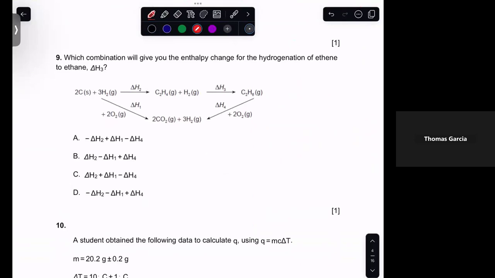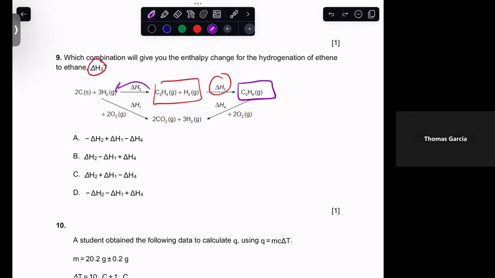All right, which combination gives you the enthalpy change for the hydrogenation of ethene to ethane, delta H3? So we're looking for this one. This isn't as bad as it appears. Basically, we're looking at how to go from this thing all the way to this thing. But we cannot just say delta H3. So let's go through it.